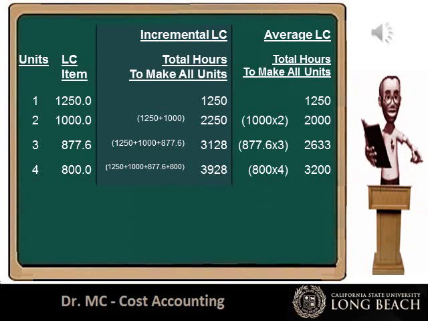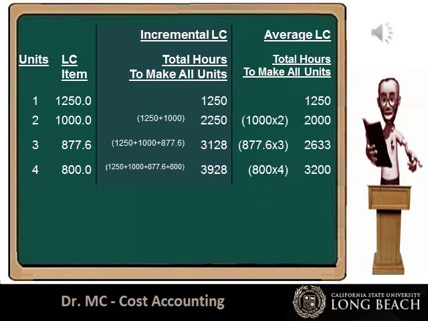On the other hand, with the average learning curve, the total hours to make the first unit is 1250. The total hours to make 2 units is the average hours that it takes to make each unit if you make 2 units, which is 1000 hours times the 2 units made. So, the total is 2000 hours.